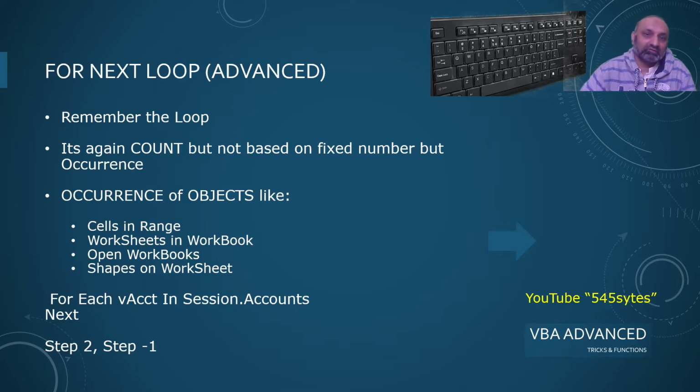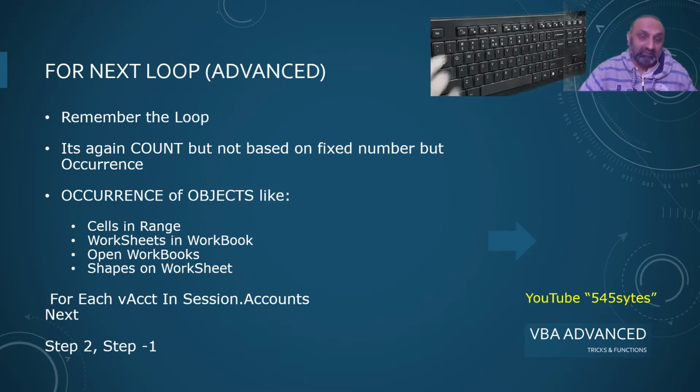That object could be a cell in a range, a worksheet in a workbook, how many workbooks are open, or how many shapes on a worksheet. So now we are going to run our loop based on the occurrence of certain objects. Again, it's a count, but not a fixed one like 10 to 15,000.